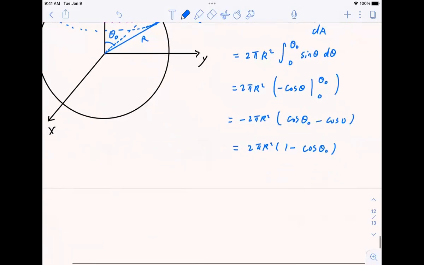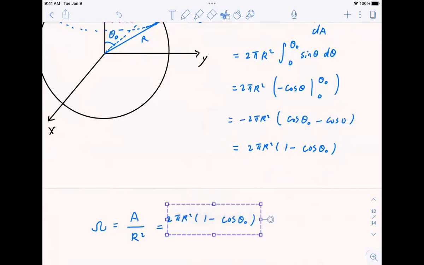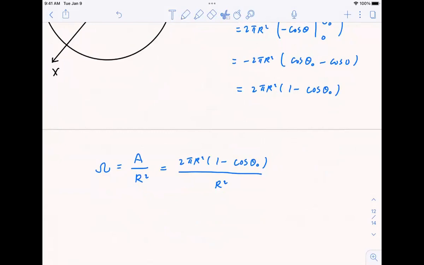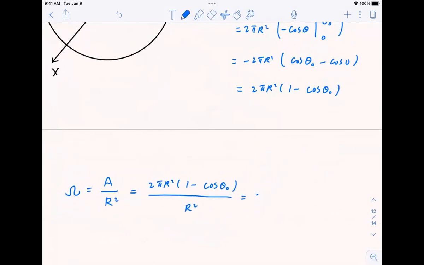Okay, so the solid angle is this over r squared. So that means it will be 2 pi times 1 minus cosine theta 0.